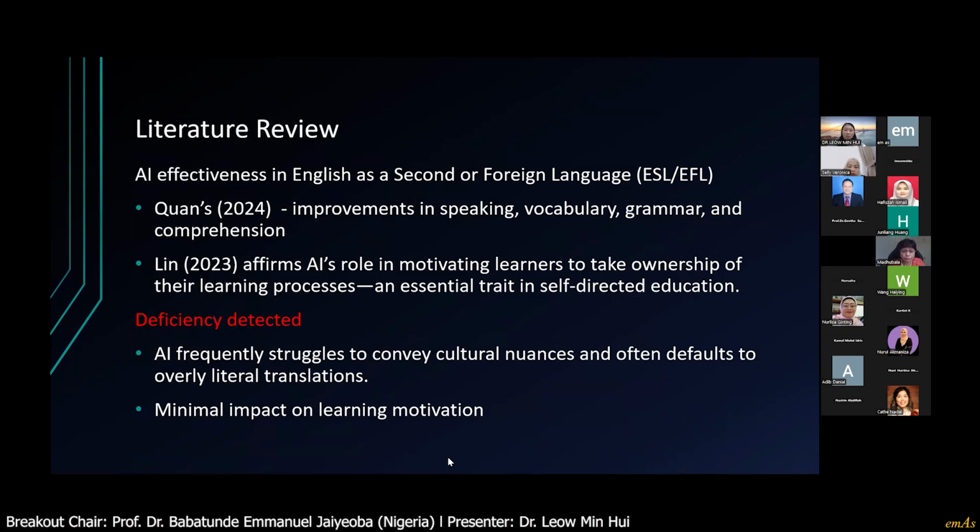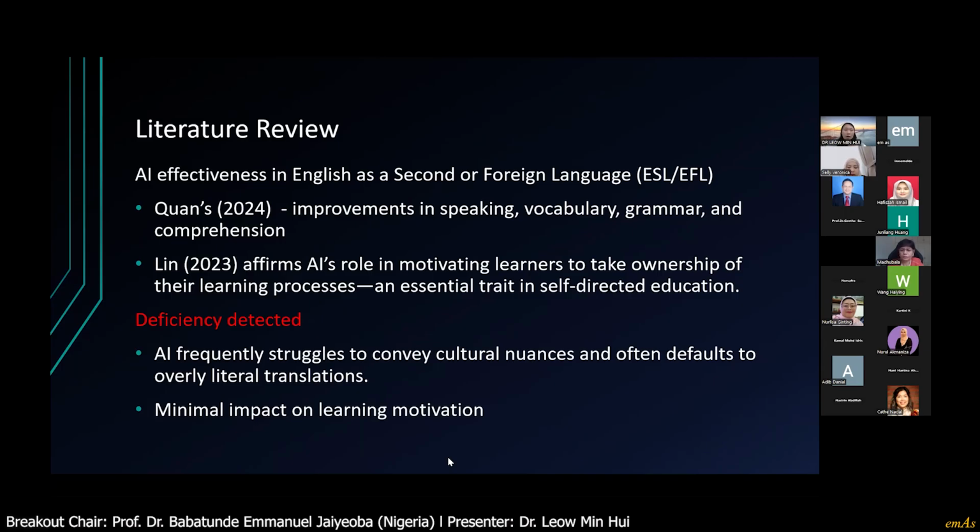AI often struggles with cultural norms and may fall back on literal translations, which can limit deeper language development, especially in second and foreign language learning. And while generative AI improves proficiency and self-regulation in learners, its impact on motivation is still limited, based on previous research outcomes.